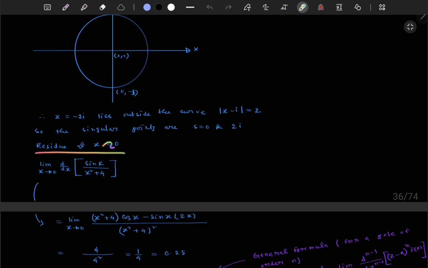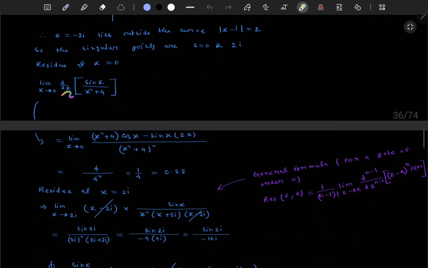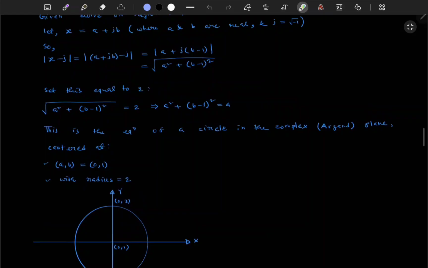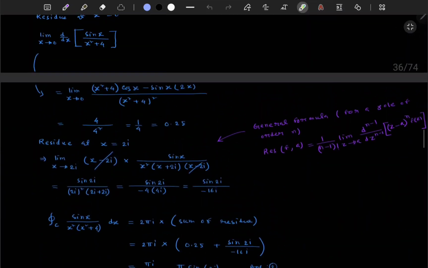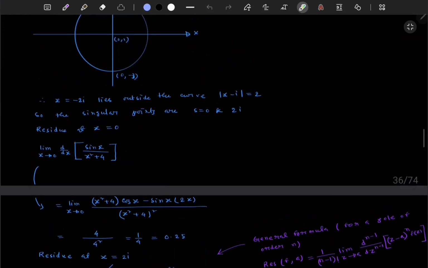The residue at x equal to 0: as the order is 2, here d by dx will come. From here you can see the general formula, where the order is represented by n, so here you put n equal to 2, because there is a pole of order 2 at 0. So the formula will come like this.